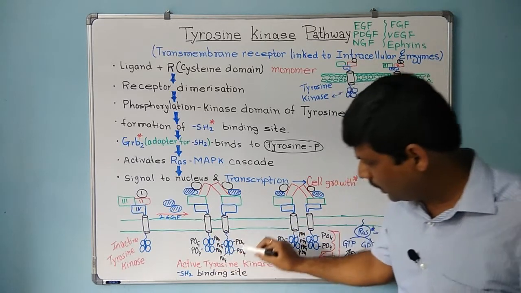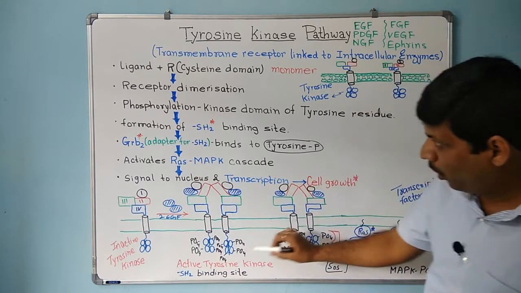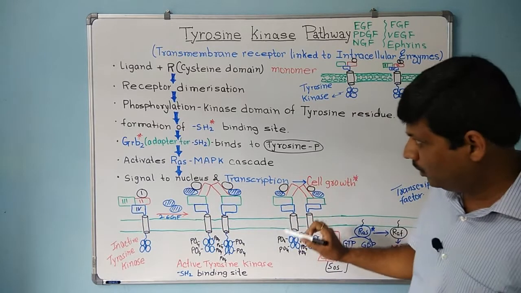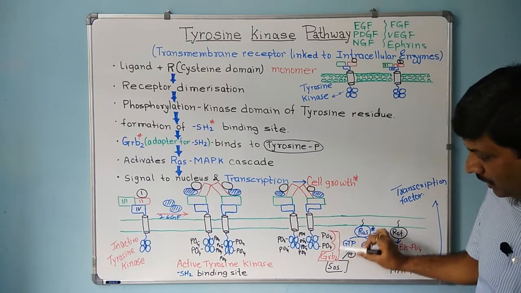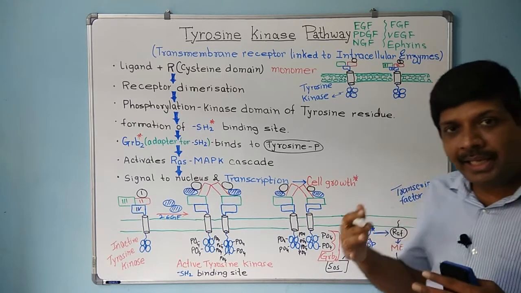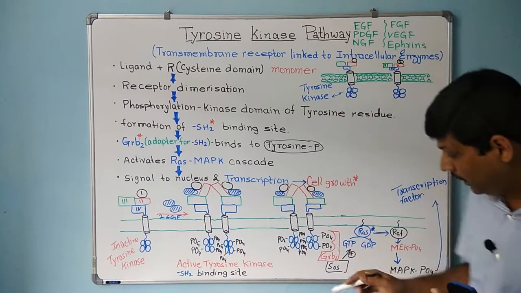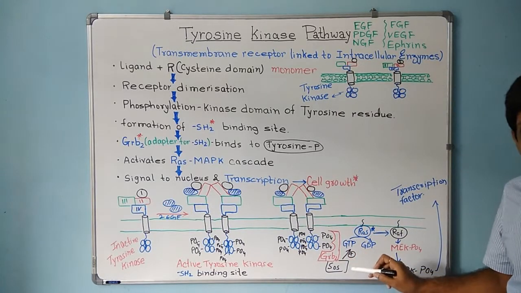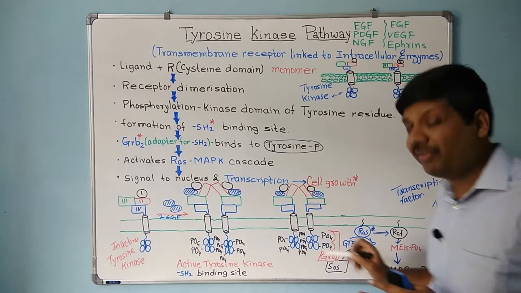Now activation will form a pocket, and then formation of the pocket will lead to activation of this GRB2, and this GRB2 will again cause activation or binding with the SOS, that is the son of sevenless.